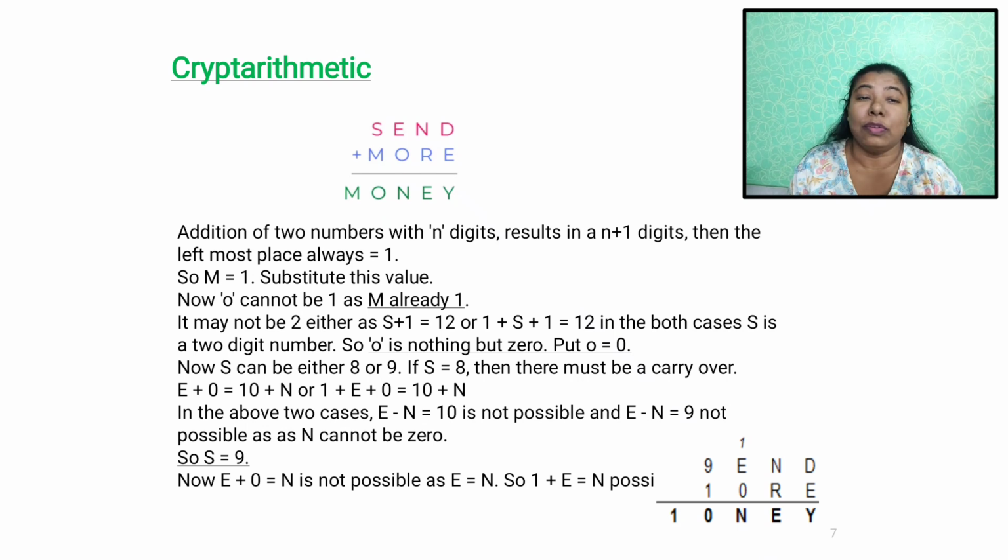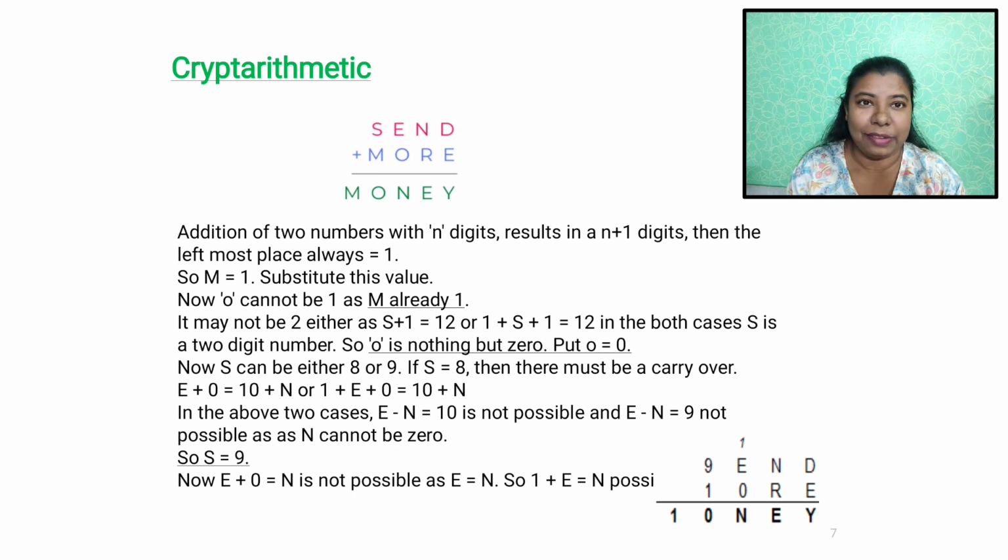My condition is that we are not allowed to use the same value for each individual letter repeatedly. That means if I fix S equals 1, that value will not be allowed for another letter. The same value will not be repeated for different letters, and we have to use digits 0 to 9 and then add them.